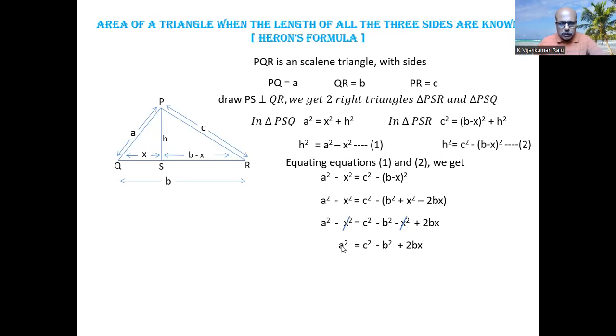Let us take this one this side, it will become positive because here it's negative, and this will become negative. It will become A square plus B square minus C square is equal to 2BX. Bring 2B below this, it will become X equals (A square plus B square minus C square) upon 2B. That is this length. This length is equal to (A square plus B square minus C square) upon 2B.